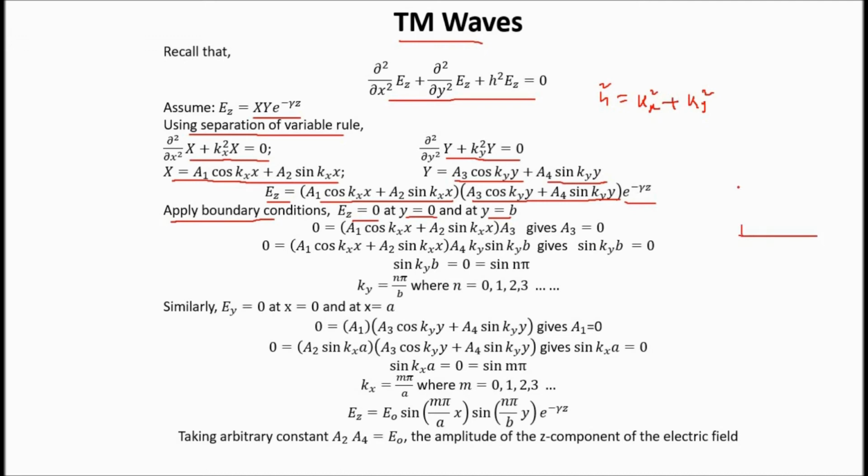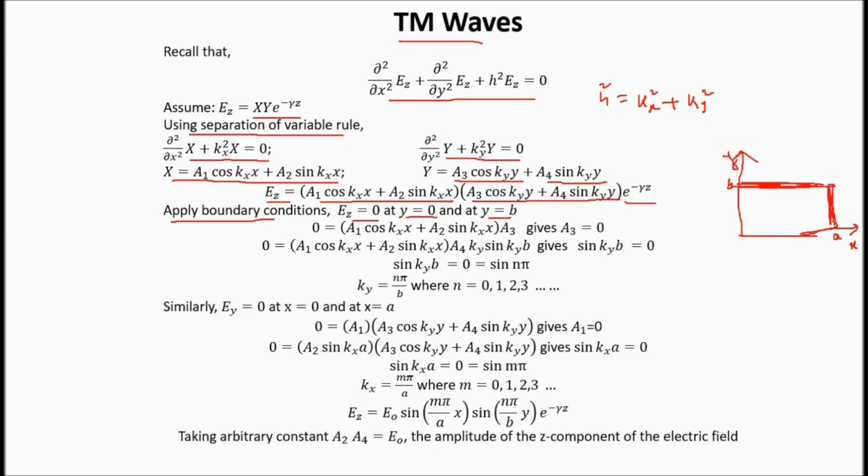If you put y equal to 0, then you will come up with a3 equal to 0, and if you put y equal to b, then you will find sine ky b equal to 0, which holds when the argument is n pi. We can find ky equal to n pi over b, where n is equal to 0, 1, 2, 3 like this.